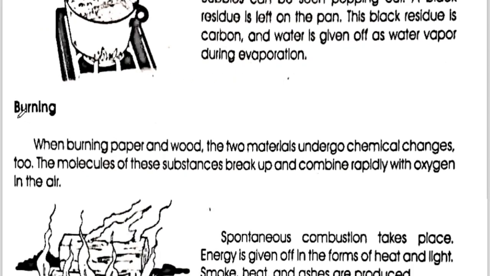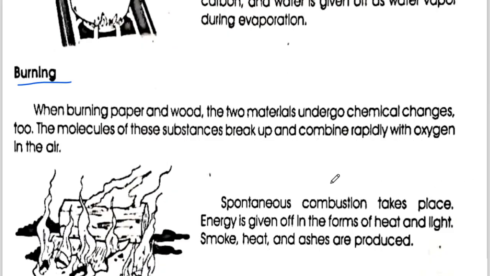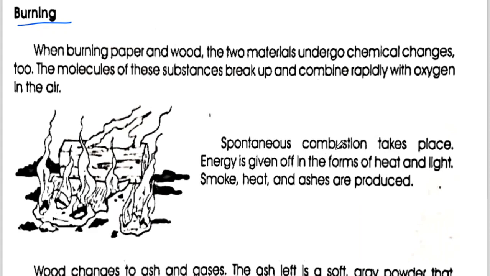Another one is burning. When burning paper and wood, the two materials undergo chemical changes. Why? The molecules of these substances break up and combine rapidly with oxygen in the air. Just like, for example, spontaneous combustion. What is spontaneous combustion?